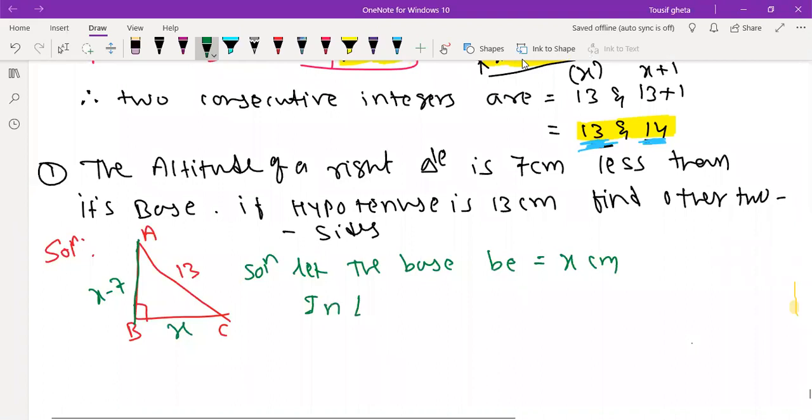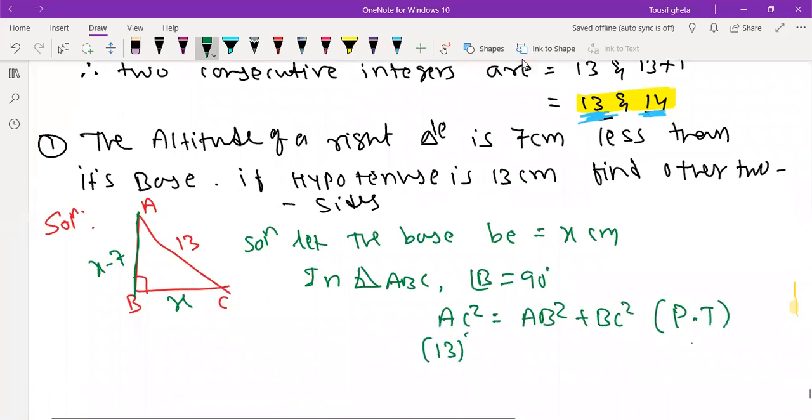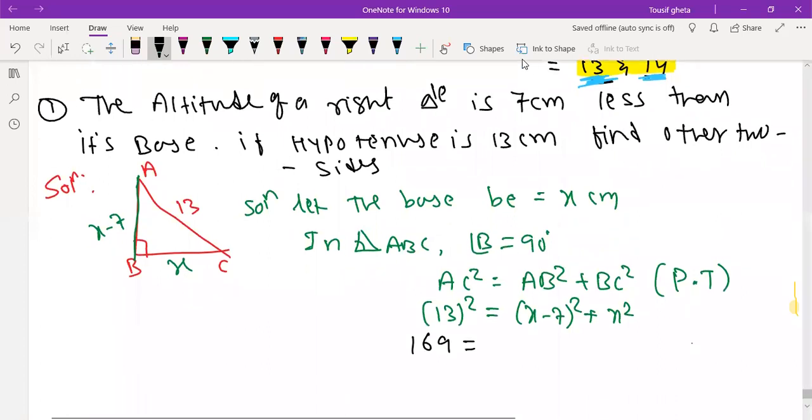Simple. Now which should you go with here? So in right angle triangle ABC, angle B equals 90 degrees. Apply the Pythagoras theorem: AC square is equal to AB square plus BC square. So AC is 13 square, AB is x minus 7 and BC is x. So 13 square is 169, equals (a minus b) whole square, a square minus 2ab plus b square, plus x square.